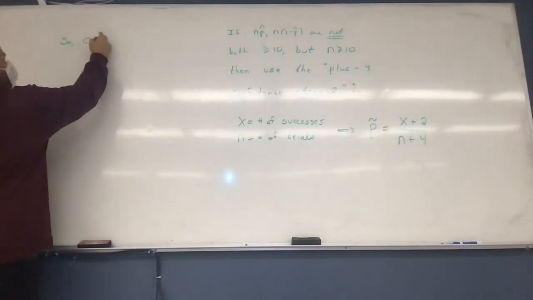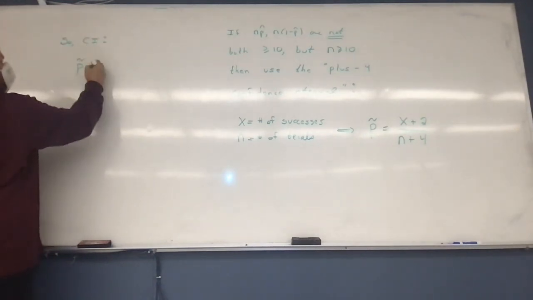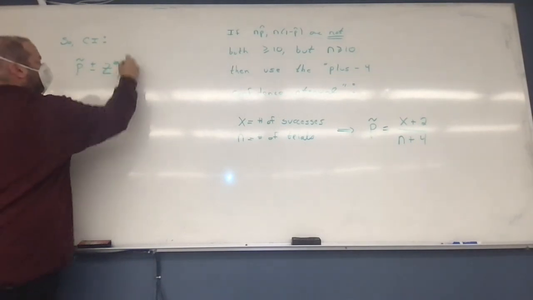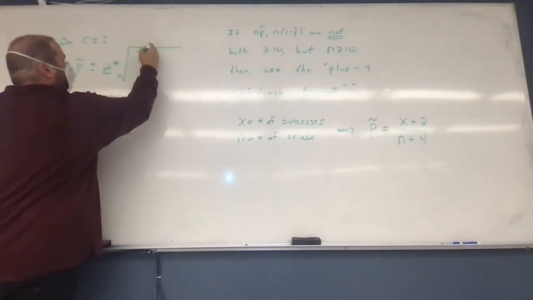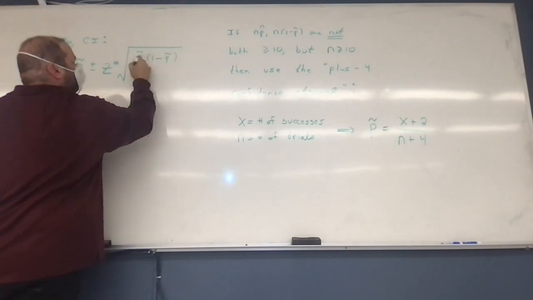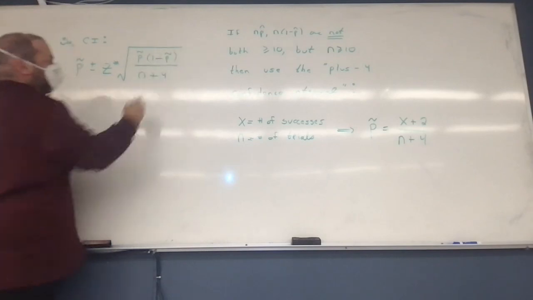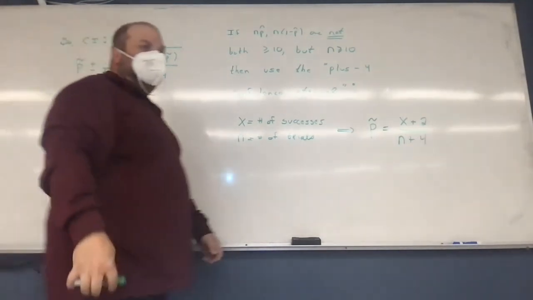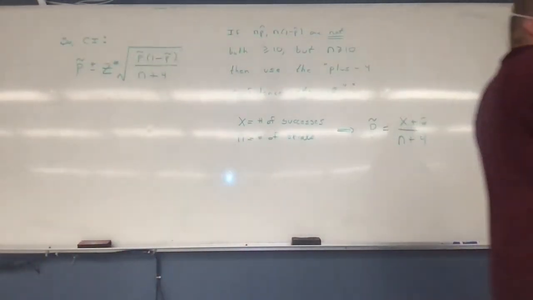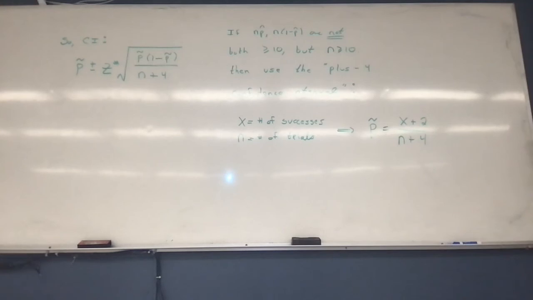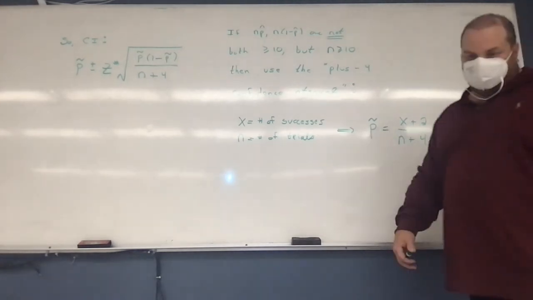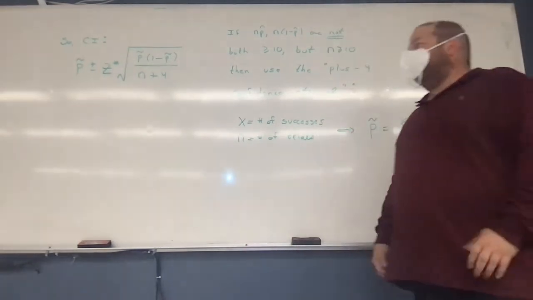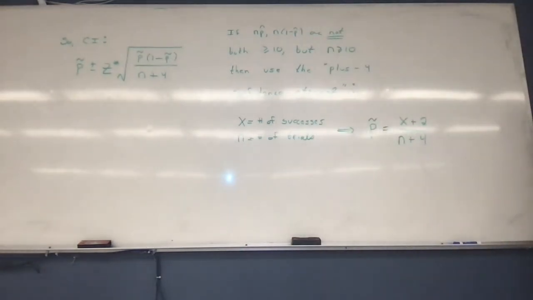The confidence interval is p twiddle plus or minus z star square root of p twiddle times 1 minus p twiddle, over n plus 4.